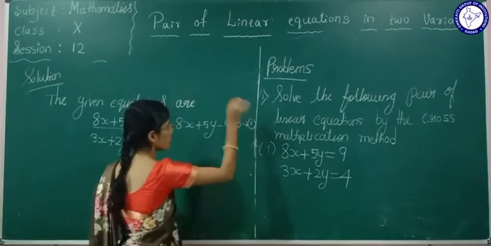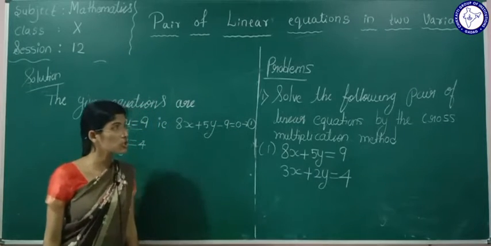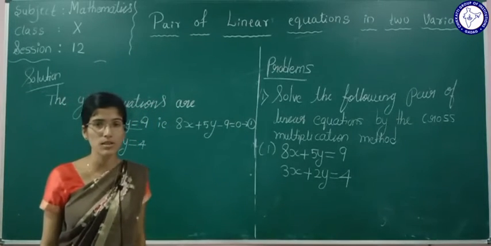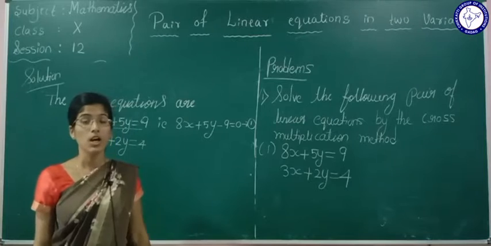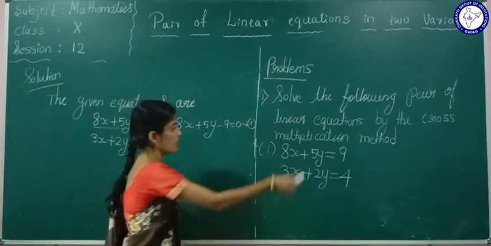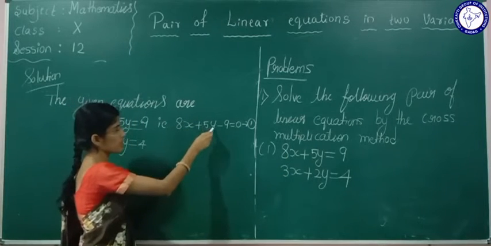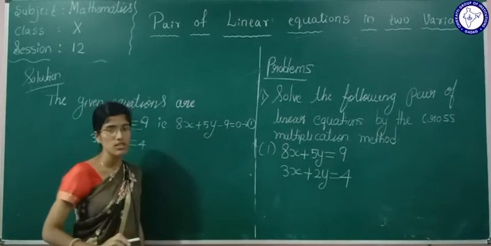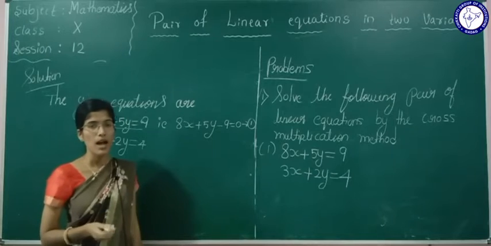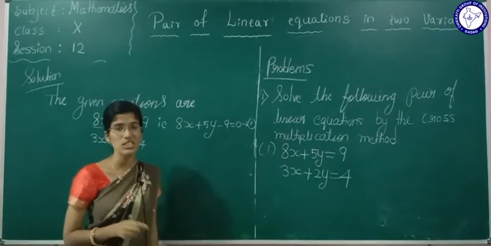To solve a linear equation by the cross multiplication method, students, you have to write the linear equation in the form a1x plus b1y plus c1 is equal to 0. This is the first step. I had not told you any steps before, I just solved the theorem.